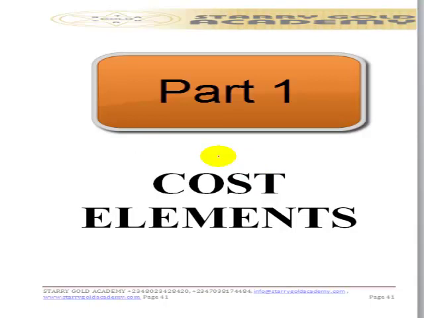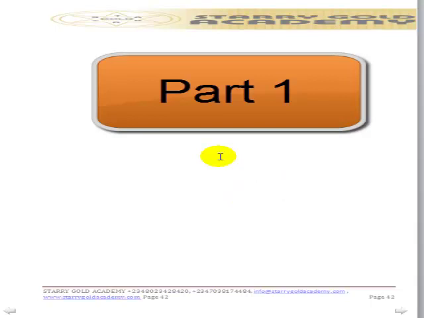If you remember our discussion under the cost classifications in chapter 2, we looked at a particular classification known as classification by nature. So we're going to buttress that particular topic, which we will be discussing under the cost element.